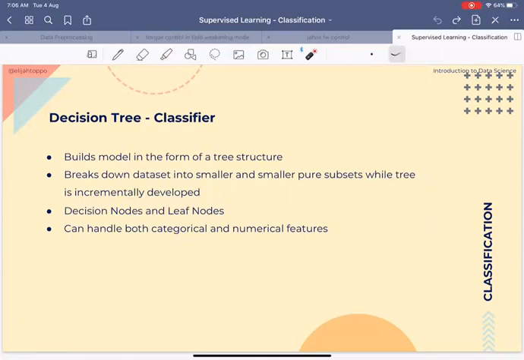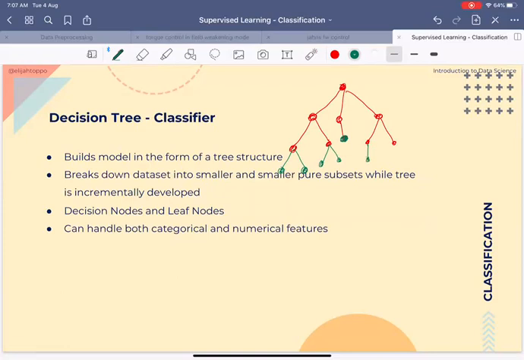The tree structure is basically made of nodes. You start with a root node, and then you divide that into multiple nodes depending upon the feature. Each node can further be divided into multiple nodes depending upon how many values it takes, and so on. Finally, if the node has just one element, or if it cannot be divided further, then we call it a leaf node.